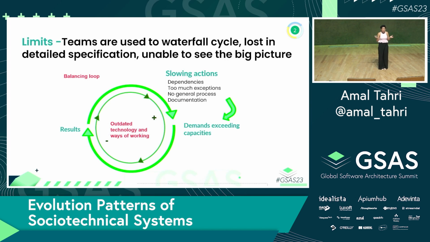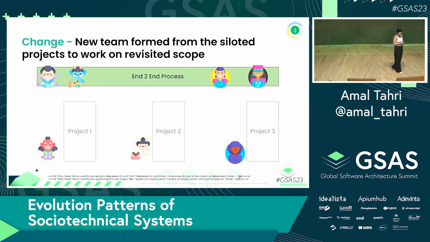Einstein defined that as insanity. The change that we have proposed: we're going to choose people from the different projects, put them together, and have them work on the end-to-end process regarding that new MVP scope. People are not that happy, as you can see by the blue one.